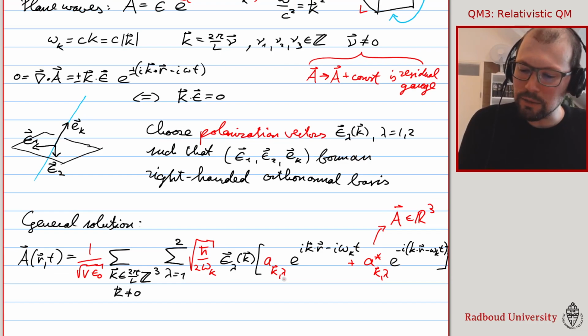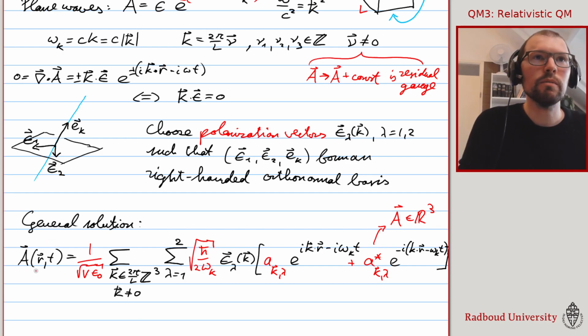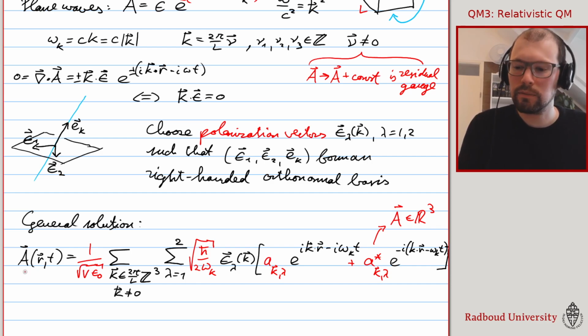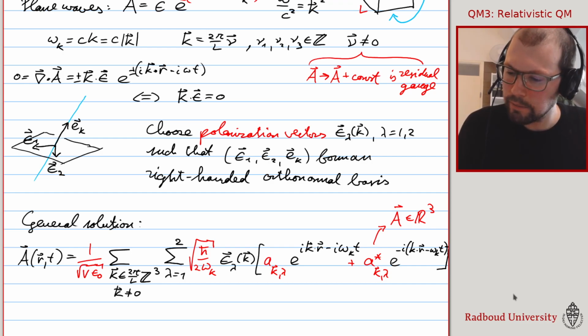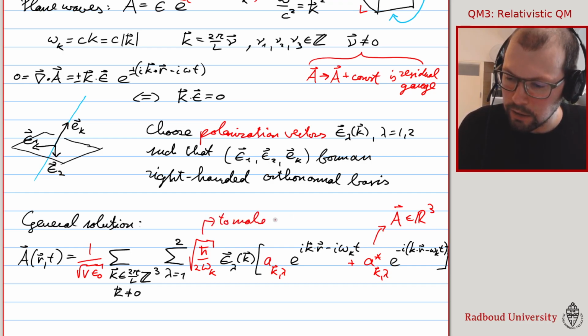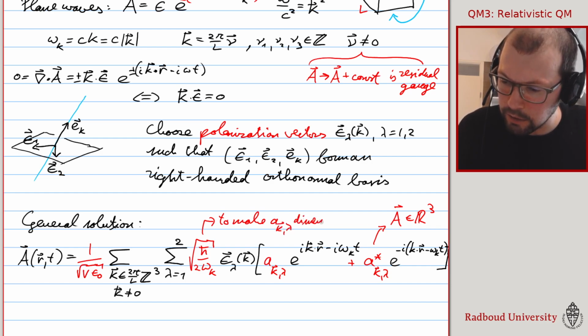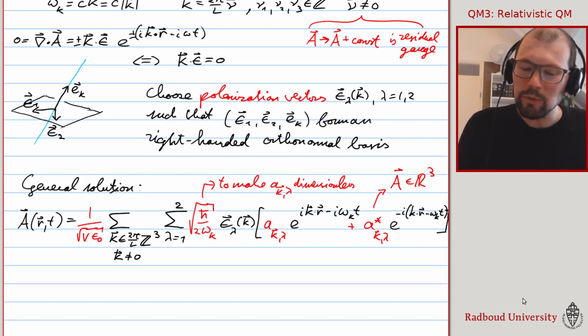Now you can check that these factors together give you the dimensions of a vector potential, to make a k lambda dimensionless. And of course to make expressions later on simpler.